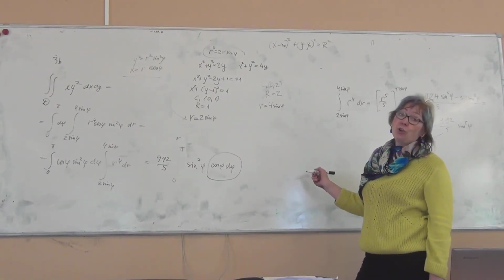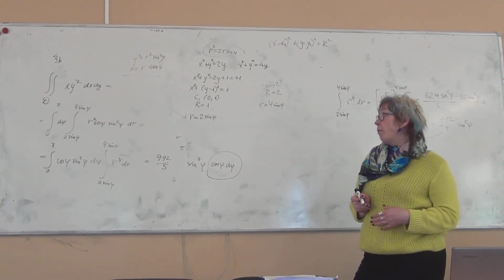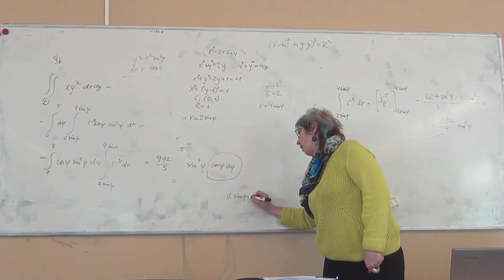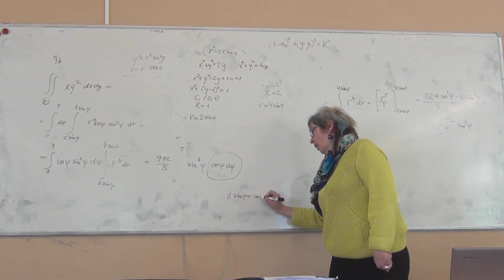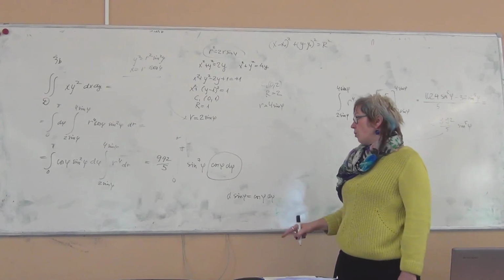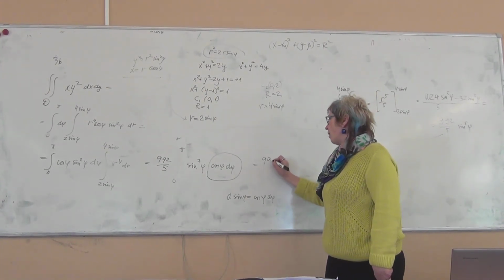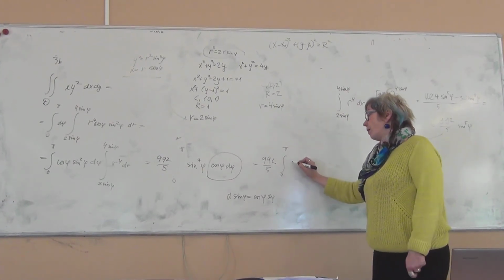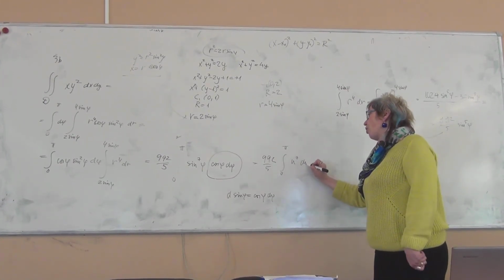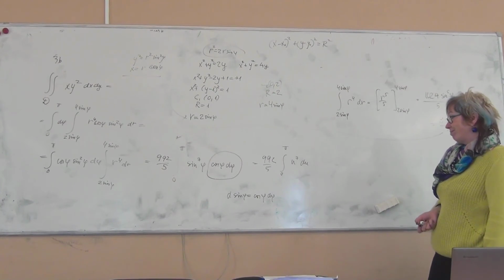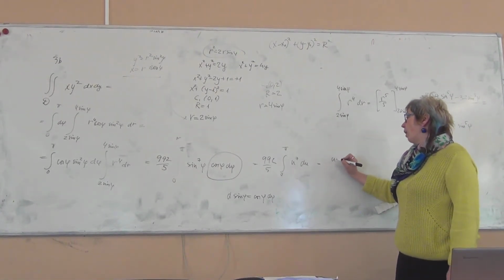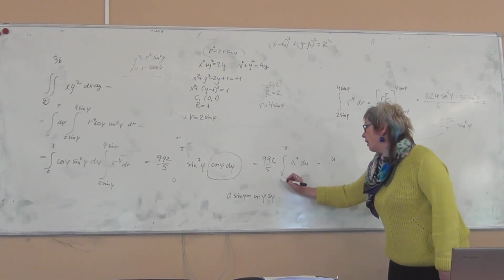We can use substitution or we can simply remember that d sine phi is the derivative, cosine, times d phi. So what I actually have is u to the 7th du.